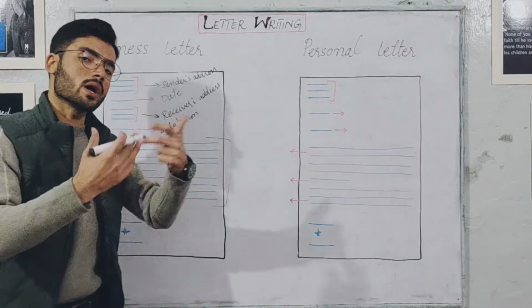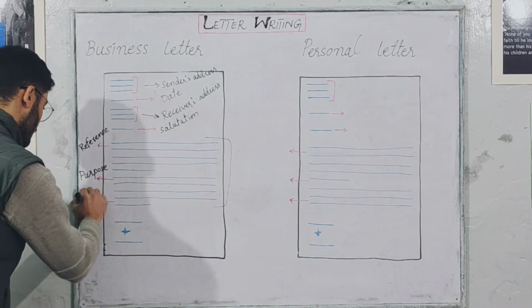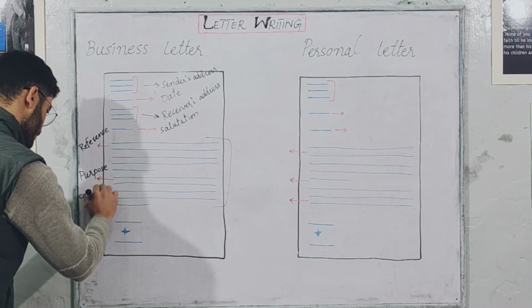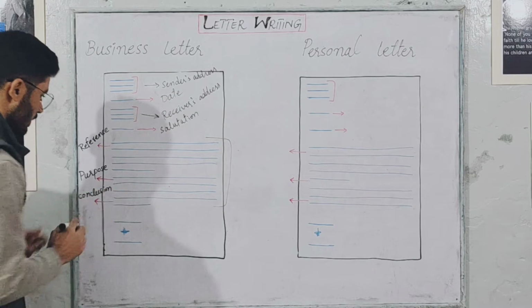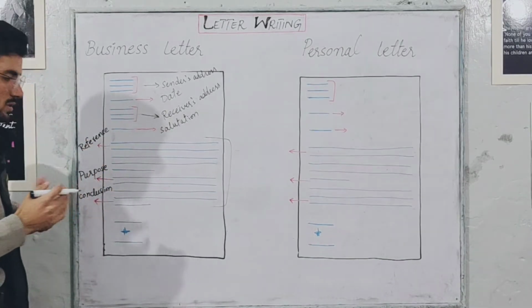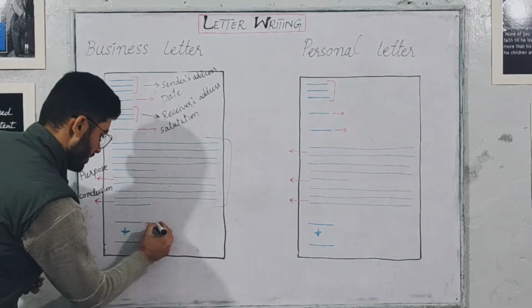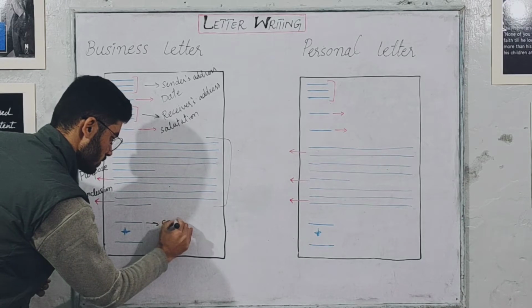What is the purpose? Why are you writing this letter to this gentleman? And finally, we have conclusion. This is mainly the parts of the body. So first, reference, purpose, and conclusion. Here we have the complimentary clause.